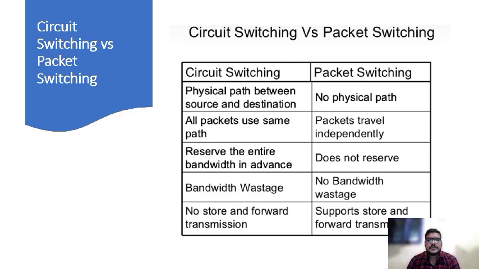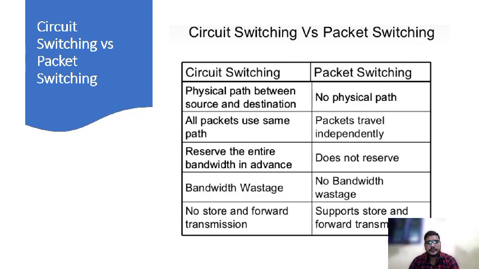In this slide, we will see the difference between circuit switching and packet switching. In circuit switching, a physical path between source and destination is required, while in packet switching, no physical path is required. In circuit switching, all packets use the same path, while in packet switching, packets travel independently.